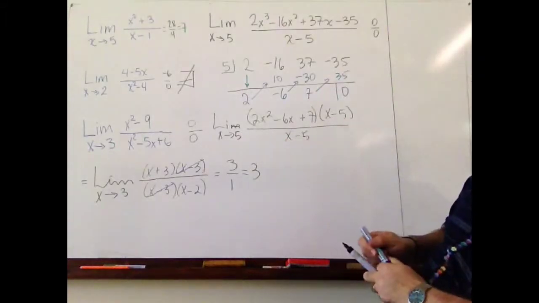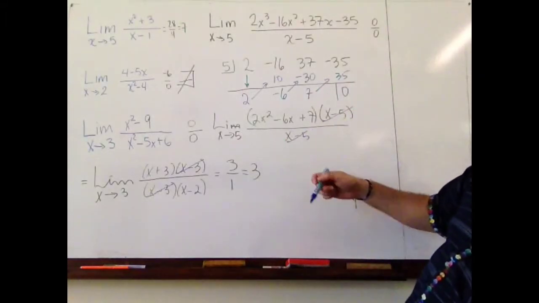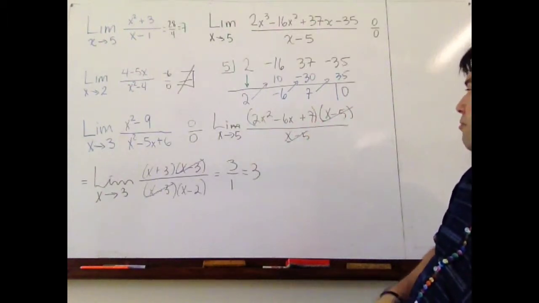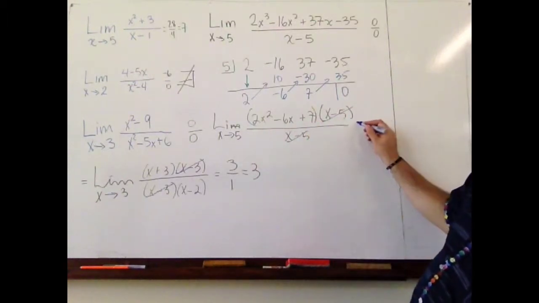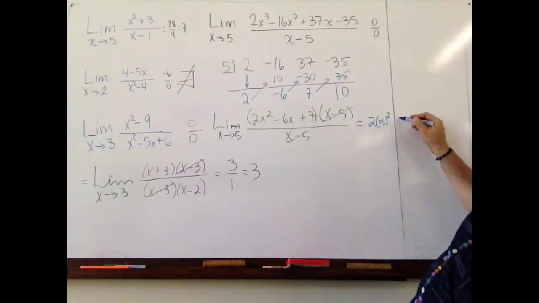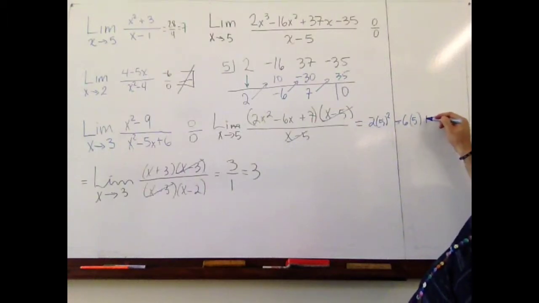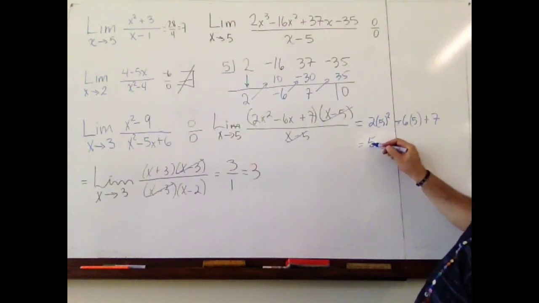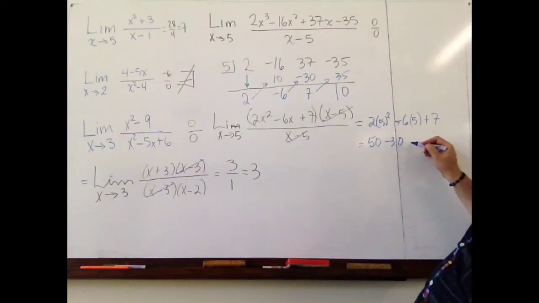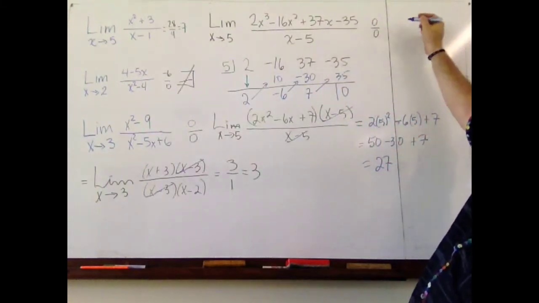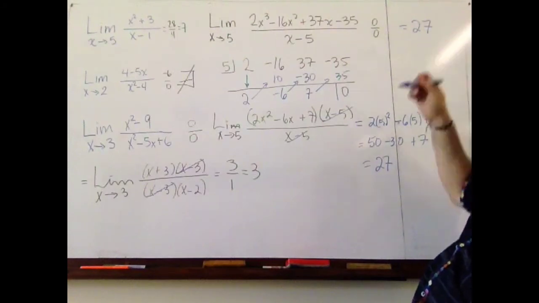Now I can cancel. These cancel, and I have the limit of this polynomial, which means all I have to do is substitute. This is equal to 2 times 5 squared minus 6 times 5 plus 7. And so we have 25 times 2, 50, minus 30, plus 7. And that's 27. This limit equals 27.